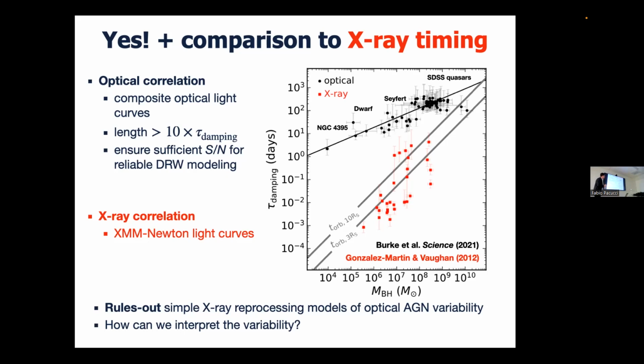Maybe, but we think this rules out at least simple models of X-ray reprocessing on the timescales that we're observing here, because I don't see how you can get such a different relation, a different slope versus black hole mass, if that's just reprocessed X-ray emission. They seem to have a fundamentally different scaling with black hole masses, which means maybe that's a different physical process that we're seeing. It looks like in the optical there's a turnover in time.